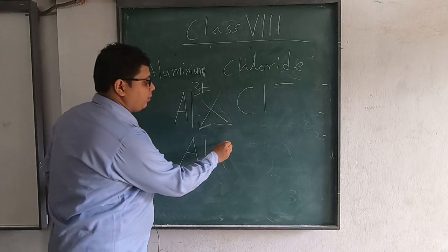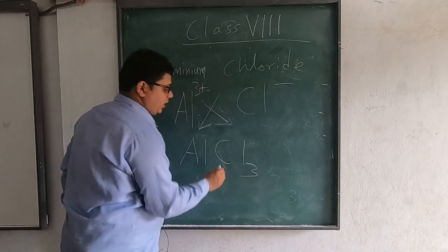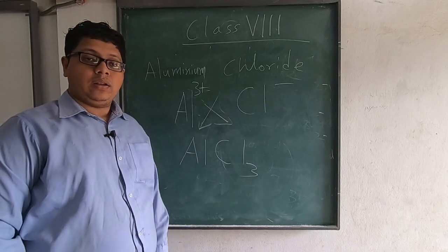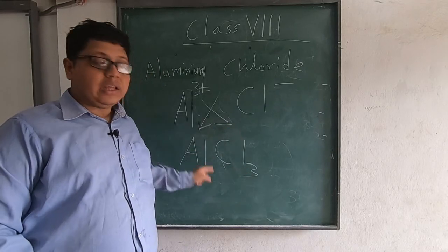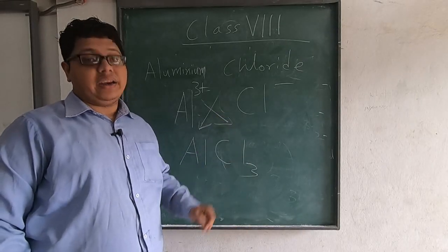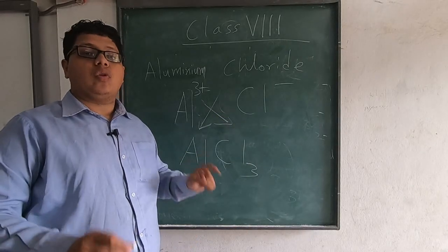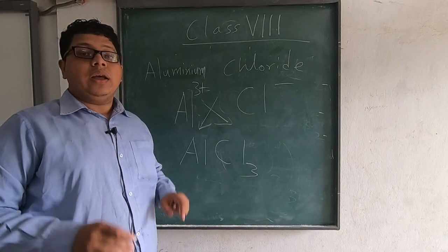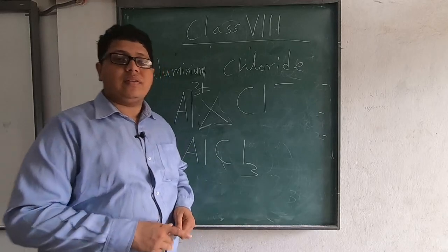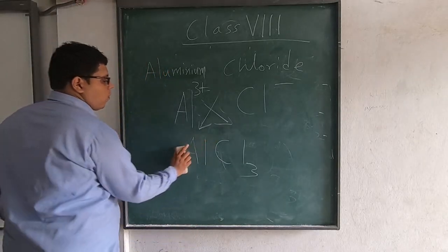That plus 3 will come down below Cl, next to Cl. However, we will not give a bracket in this case. Why? Because it is a simple radical. Okay, it is not a compound radical. Now let us elaborate on this. Let us do some more examples, then you will be clear about it.